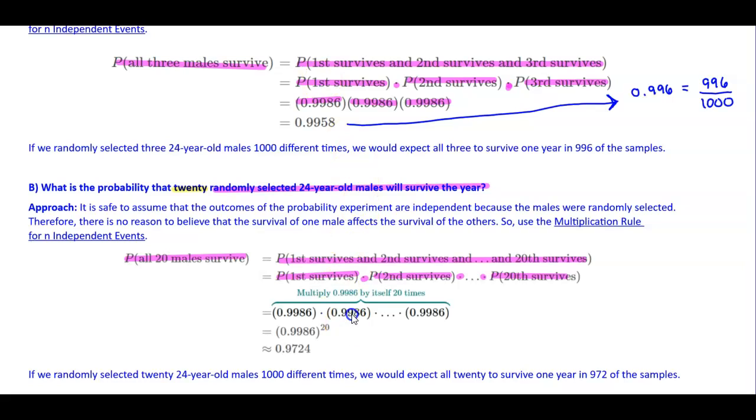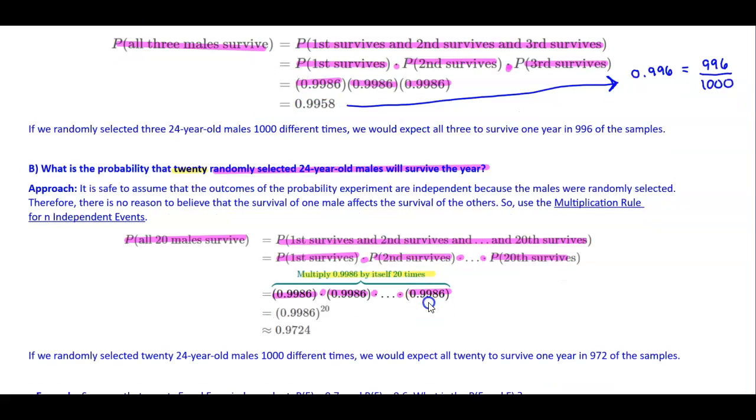So what we're doing here is taking the value 0.9986 and multiplying it by 0.9986 all the way, 20 times. To shorten our mathematics, we take the probability of 0.9986 and raise it to the power of 20, because technically that's what we did in the previous step: we take each value and multiply it 20 times.